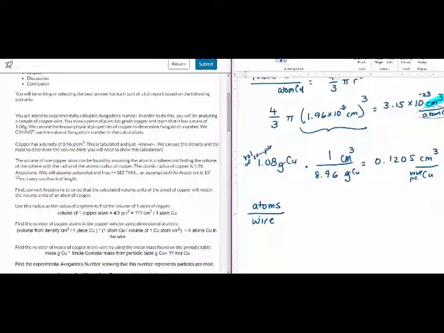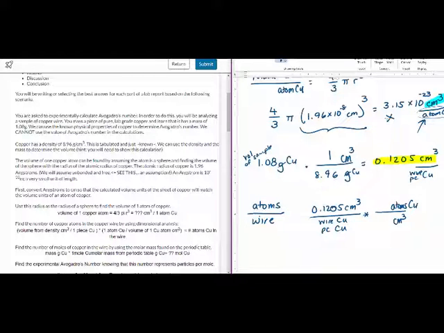So I'm going to start with the volume of my sample, 0.1205, and that is centimeters cubed per wire of copper or piece of copper. I should be consistent, and I'm not. Sorry about that. We'll adjust. And then I'm going to use the volume of the atom of copper. I'm going to have centimeters cubed down here, and I'm going to have atoms of copper in the numerator.